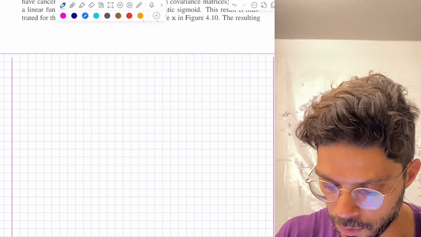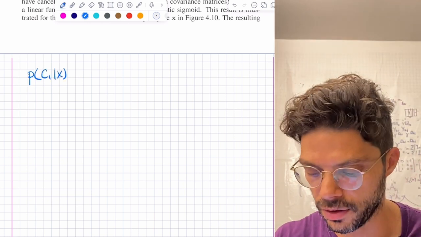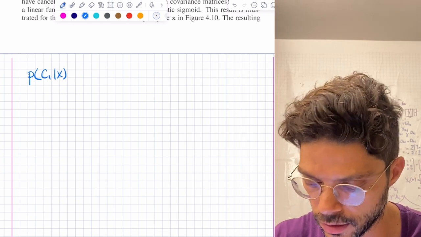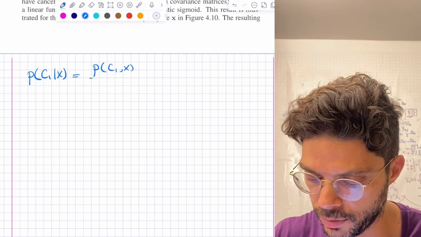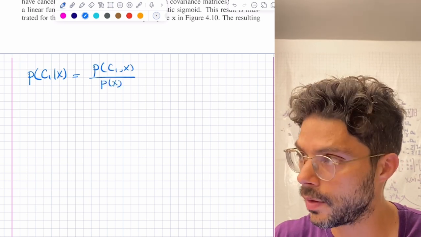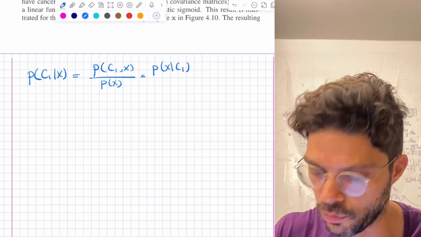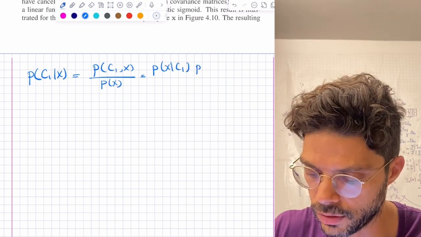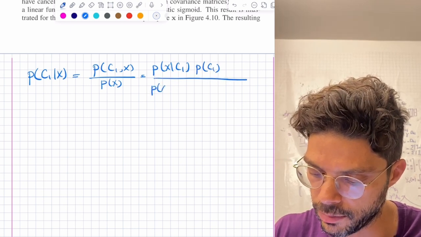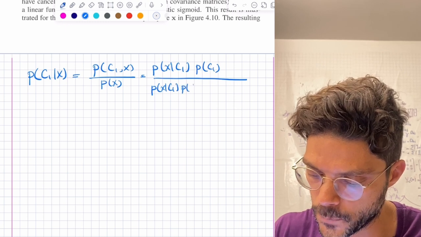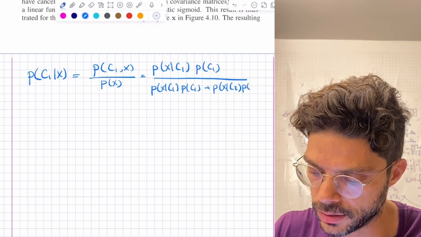Okay, so remember what we care about is the posterior probability. We'll do the two-class case first, and then we'll go on to the multi-class case. We're going to use the rules of probability that are relevant here, and write this as P of x given C1. That's our class conditional distribution, so how likely was it to come from that class, multiplied by the prior, over the sum of those, because it can only have come from two classes.